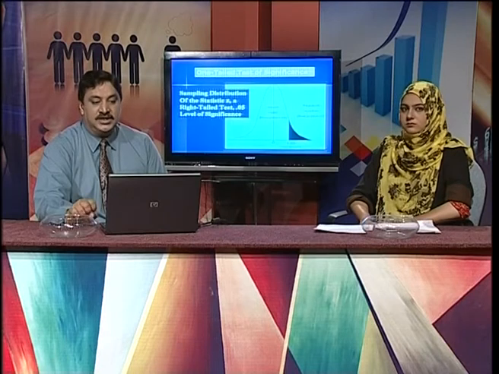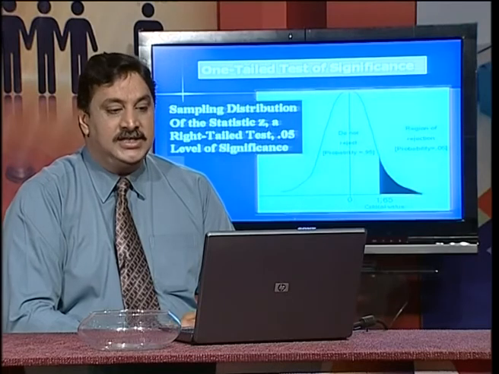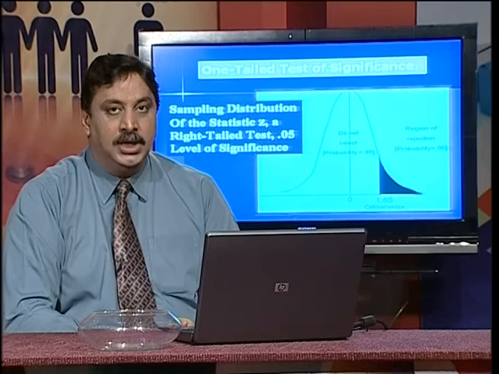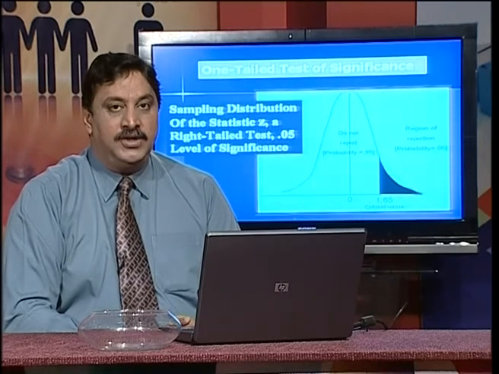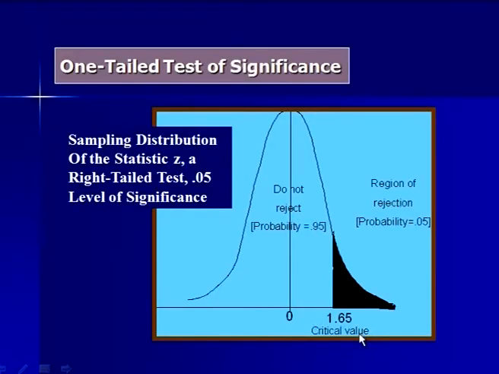Consider the sampling distribution of the statistic Z, a right-tail test. Suppose we choose alpha as 5%, or 0.05, level of significance. With the help of the normal distribution table, we find the critical value is 1.65. In the normal distribution, the region from 1.65 up to plus infinity is the region of rejection of the null hypothesis.